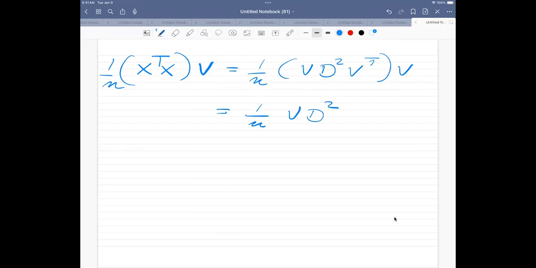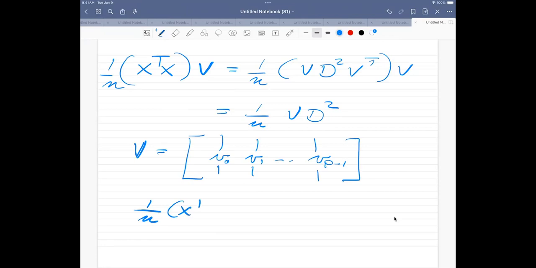Now, D squared is a diagonal matrix, so it commutes with V. I could multiply it with V on the left or the right, it doesn't matter. If you remember, V is given in terms of these vectors V0, V1, up to V of P minus 1. Then I can rewrite my covariance matrix in terms of X transpose X times V_i, and that is going to be given by V_i multiplied with the singular value squared.